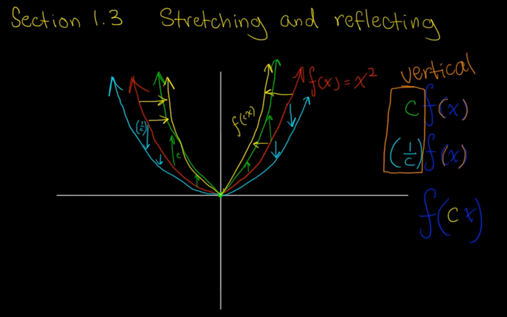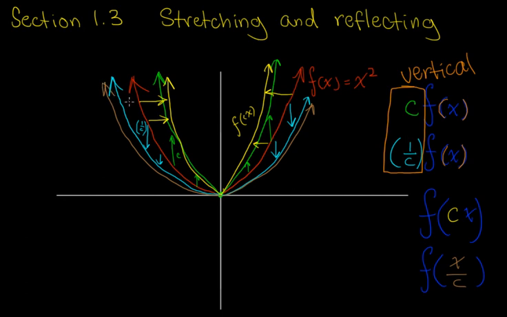Excuse me. Now, if you're multiplying inside your argument by 1 over c, then essentially you get x over c. You're just dividing by c, and that has the opposite effect of what you probably would normally think. That's basically this cyan color right here.